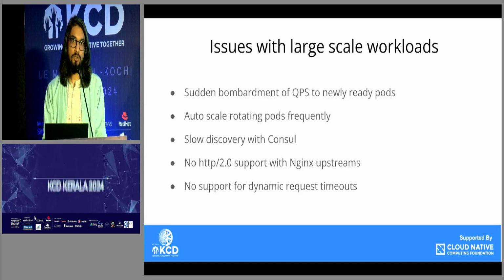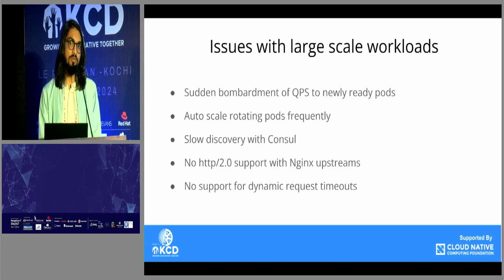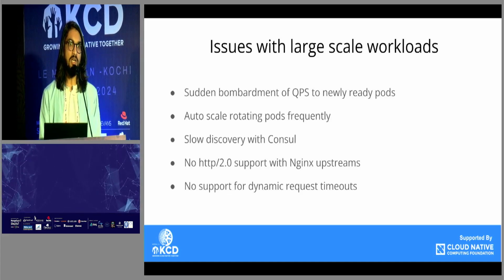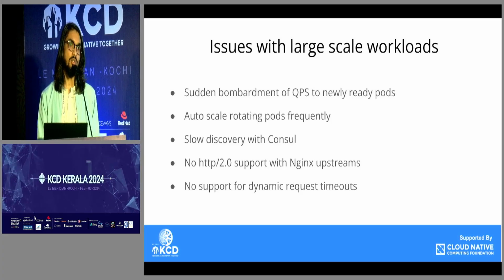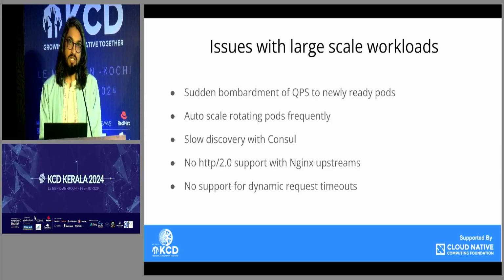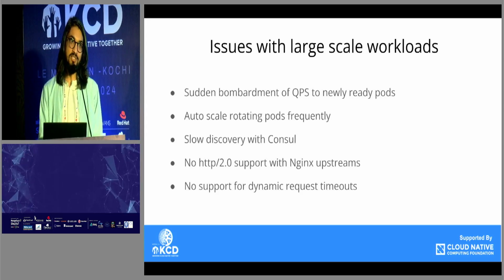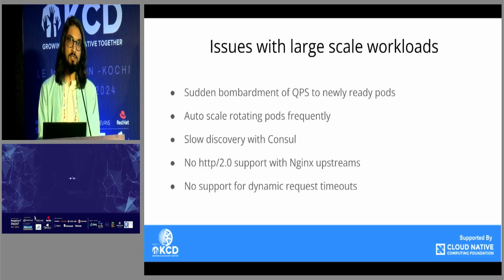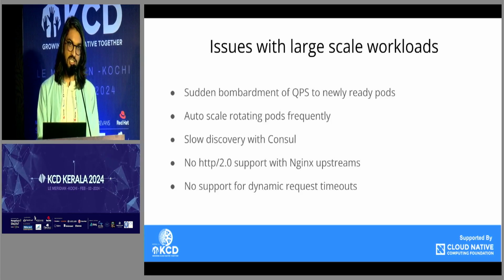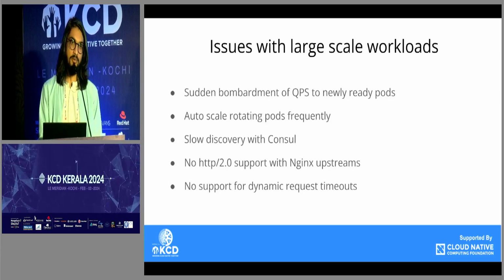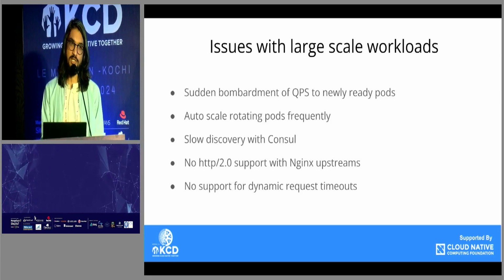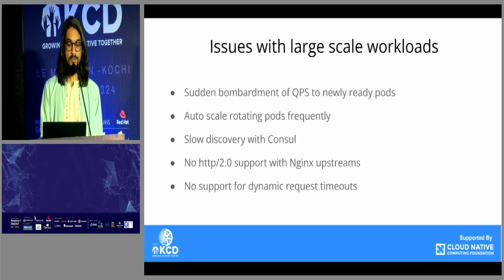Whenever a new pod would come up, it was suddenly bombarded from 0 to, let's say, 300 QPS. They were running Java, and Java does lazy loading. What lazy loading impacts is that it slows down your requests in the initial duration, so they tend to time out very frequently, especially initially.